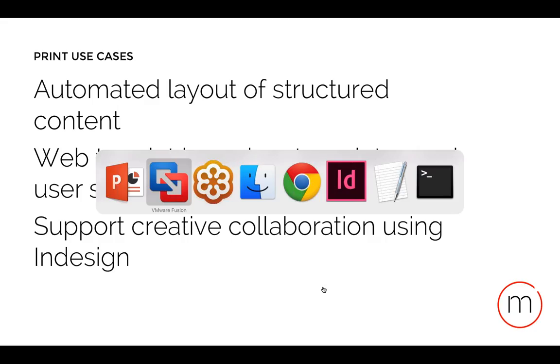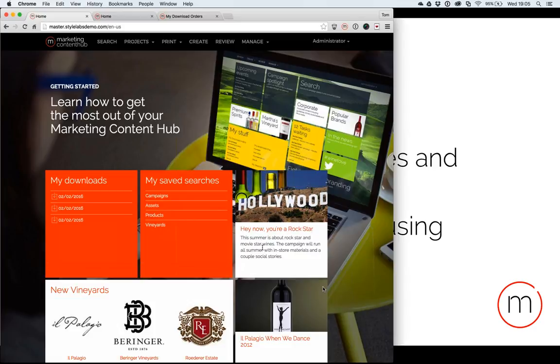In this case, we'll use InDesign for the sample demo, and we will combine all of the data, the assets, the images, the media files that we have in the Marketing Content Hub, and use that to facilitate an authoring process in InDesign. So let's get started with our first use case.